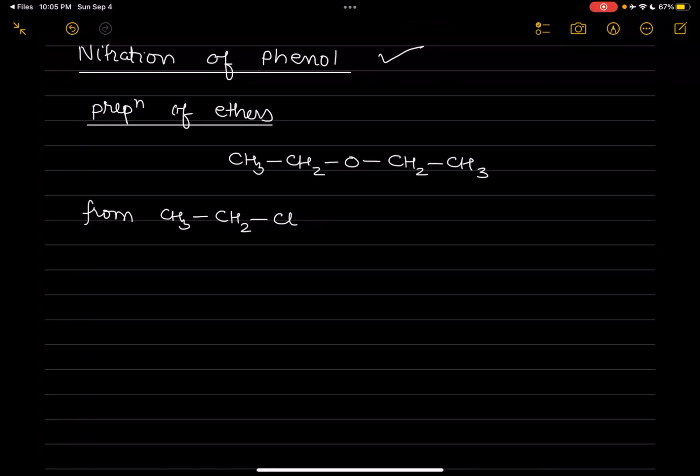Yeah, Williamson ether synthesis. Good. So what do you take?